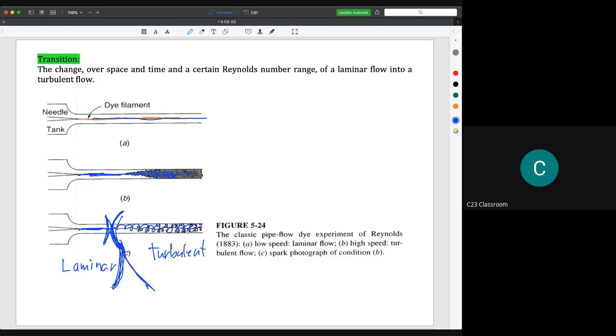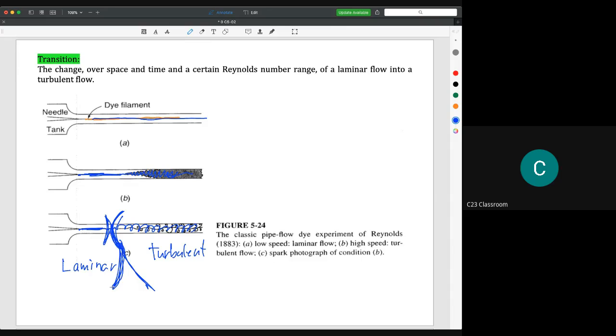About the transition here, for high velocity, maybe the transition period or transition length is shorter. If the velocity is intermediate, the transition will occur over a certain length. What is the meaning of transition? It means they have both laminar and turbulence.